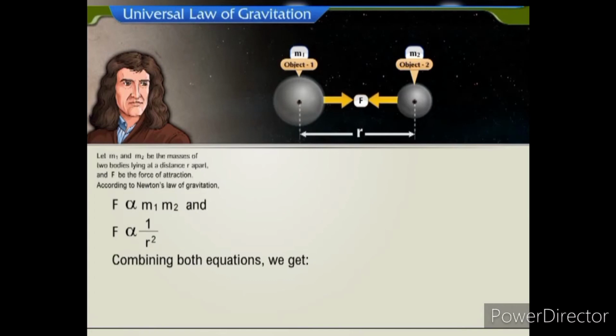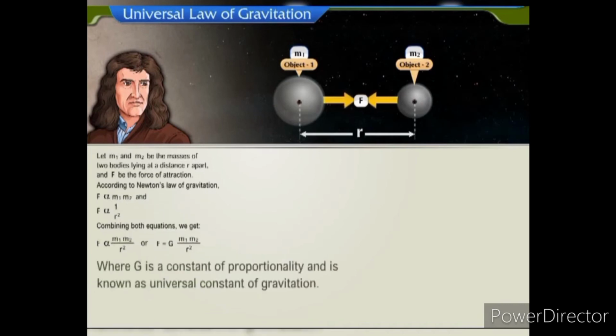Combining both equations, we get F is directly proportional to m1 into m2 upon r square, or F is equal to G into m1 m2 upon r square, where G is the constant of proportionality and is known as the universal constant of gravitation.